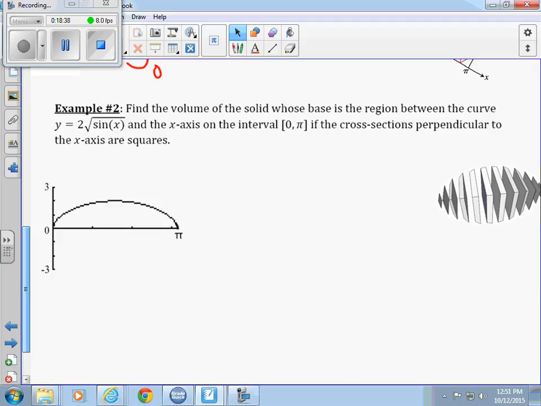So it says a base. The volume of the solid, the base is the x-axis, and the cross sections perpendicular to the x-axis are squares. So they're not triangles.